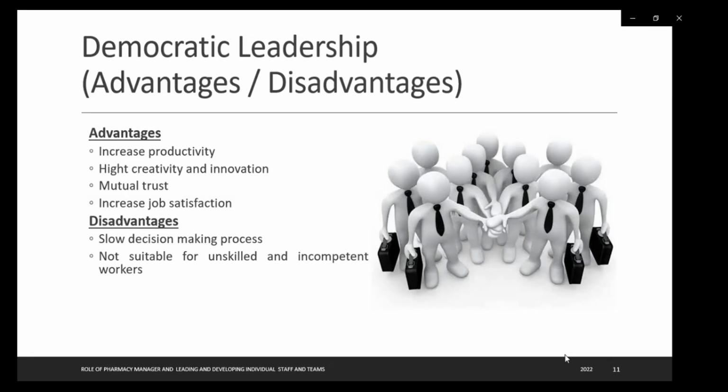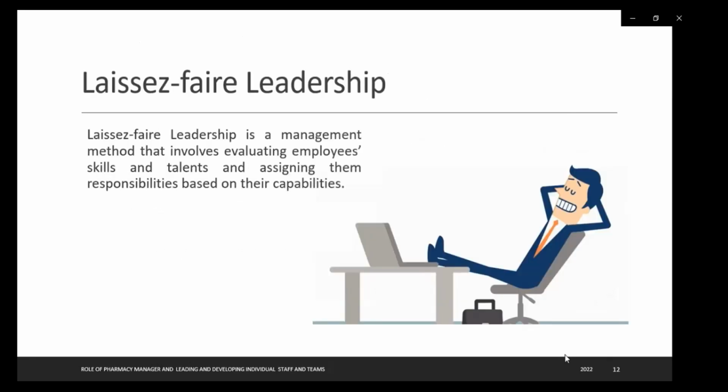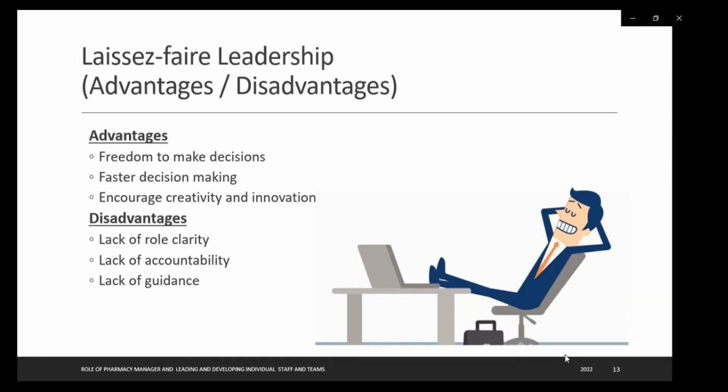Let's move to the next leadership style. Laissez-faire leadership. Laissez-faire leadership is a management method that involves evaluating employees' skills and talent and assigning them responsibilities based on their capabilities. This is the third style that I'm talking about. Let's see the pros and cons.